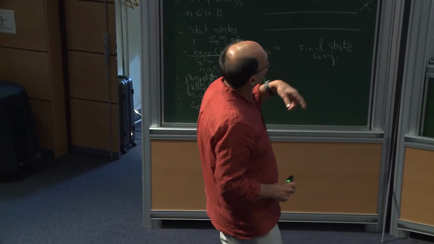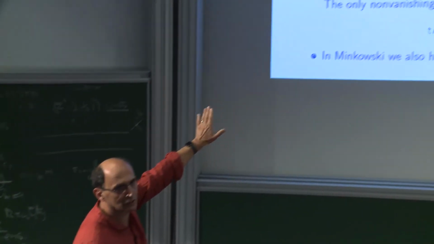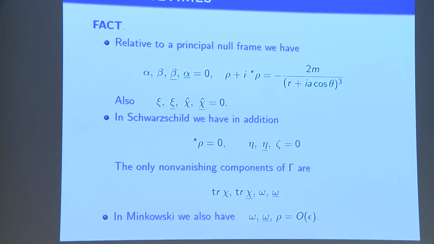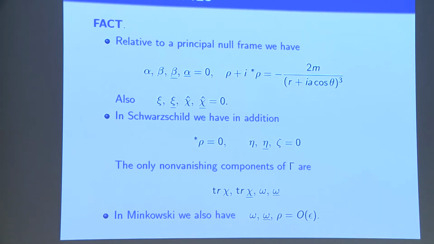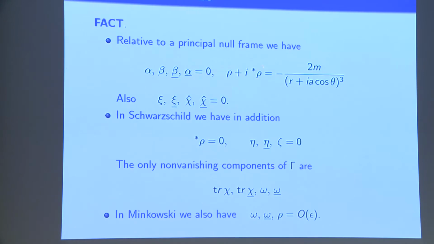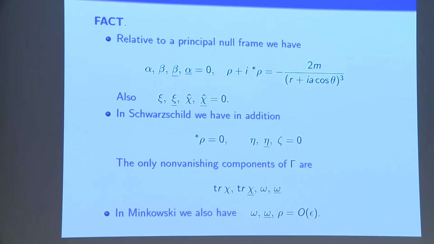In Schwarzschild, in addition, you have connection coefficients, and some of them are also zero, which is very important. Rho star will actually be zero in Schwarzschild, and further connection coefficients are also zero. So many things are zero.